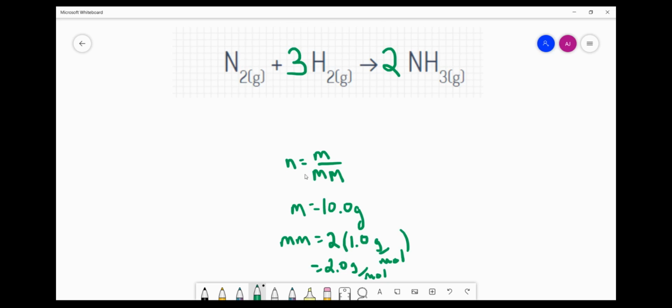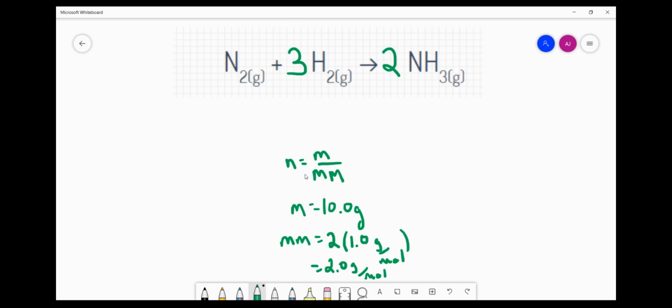This brings us to one of the first common errors that students make in solving stoichiometry problems. You see the 3 out there and you think, well, there's 3 hydrogens, so I must need to multiply the molar mass of hydrogen by 3.